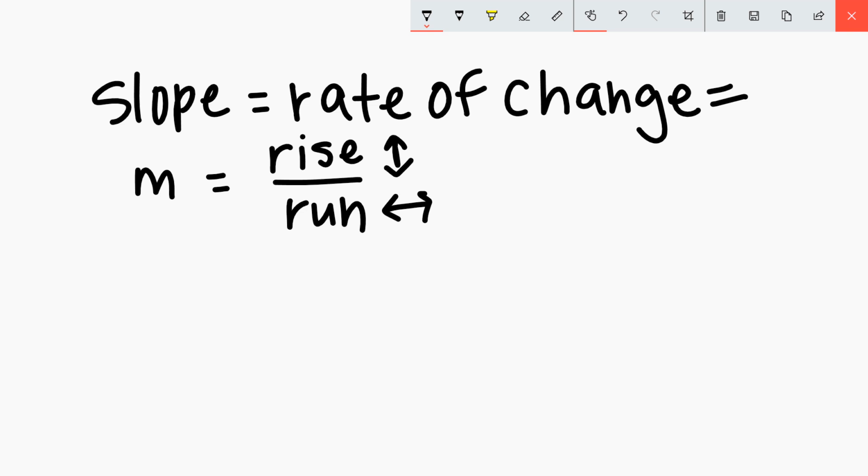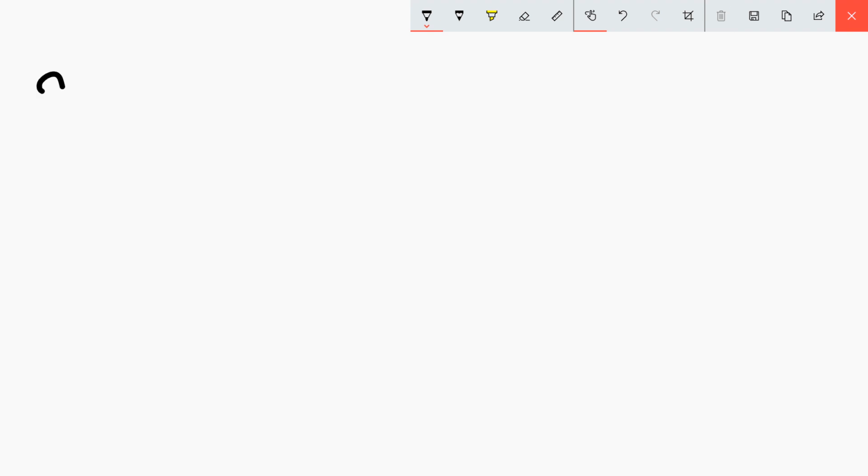So some other things to remember about our slope. If I had a slope of 3, if I wanted to look at it in my rise over run format, we can change it to be a fraction 3 over 1. Since 3 is a whole number, and you can put any whole number over 1, and it's a fraction now.